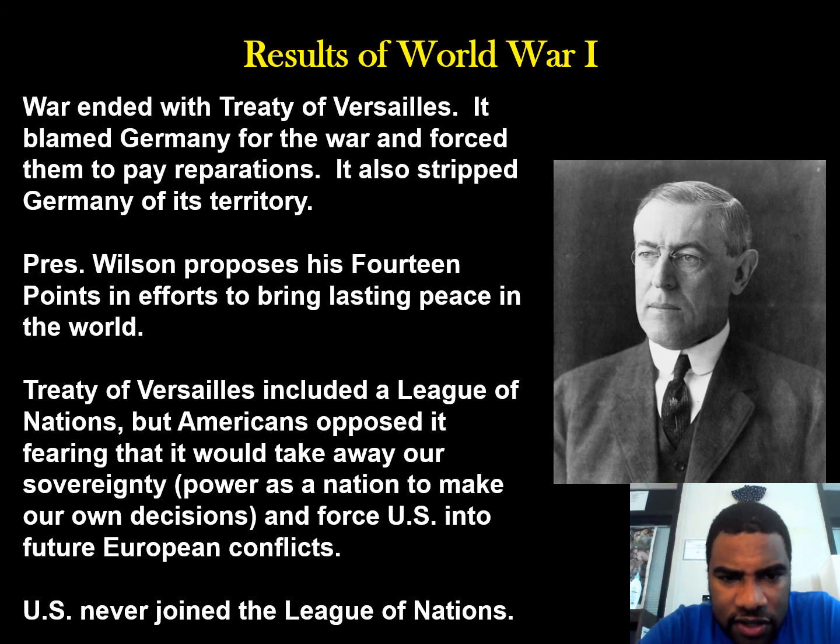And some of these sanctions that they put on Germany and the reparations that they placed upon them to repay some of those countries that went to war with them were astronomical figures. They would see later that the Germans actually felt like they couldn't pay it.